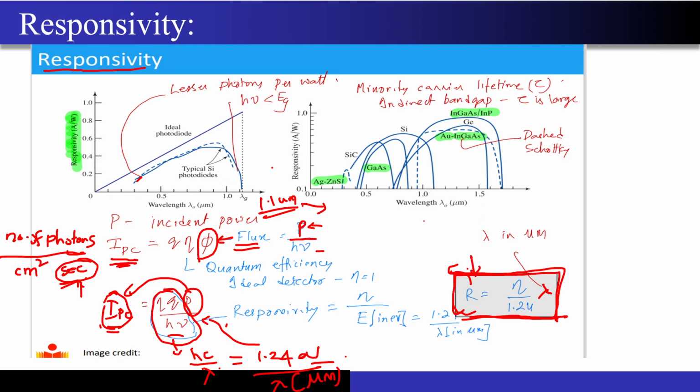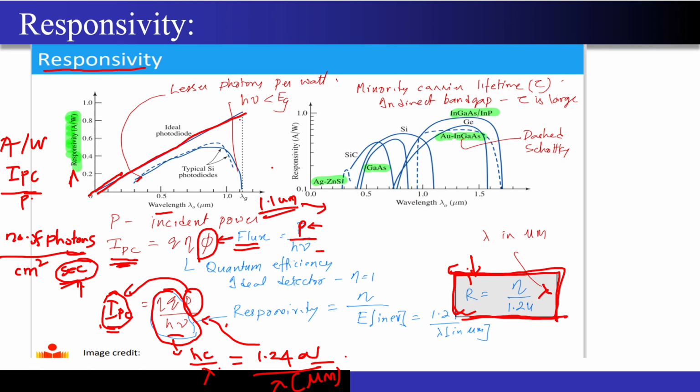From this equation you can see that the graph between the responsivity and the wavelength is a straight line, correct. Just look at the units of the responsivity. It's ampere per watt. From where did this come? The IPC that we have, if you divide it by the power, then you will get these units. This is what your responsivity means.